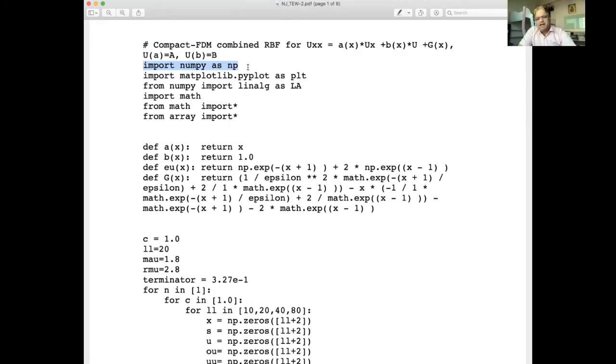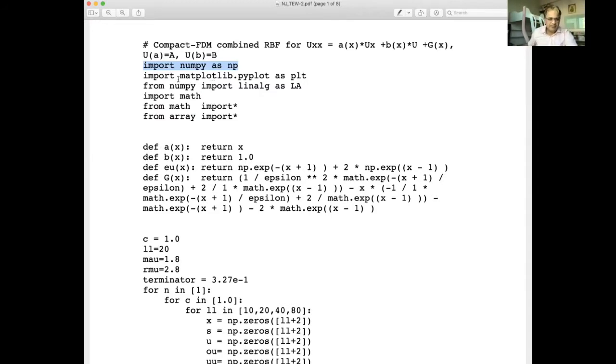NumPy is a library in which we do numerical calculation. It is just like the kitchen in our house, a module in which we cook food. In programming we have different types of modules, and NumPy is one module in which we do numerical calculation.